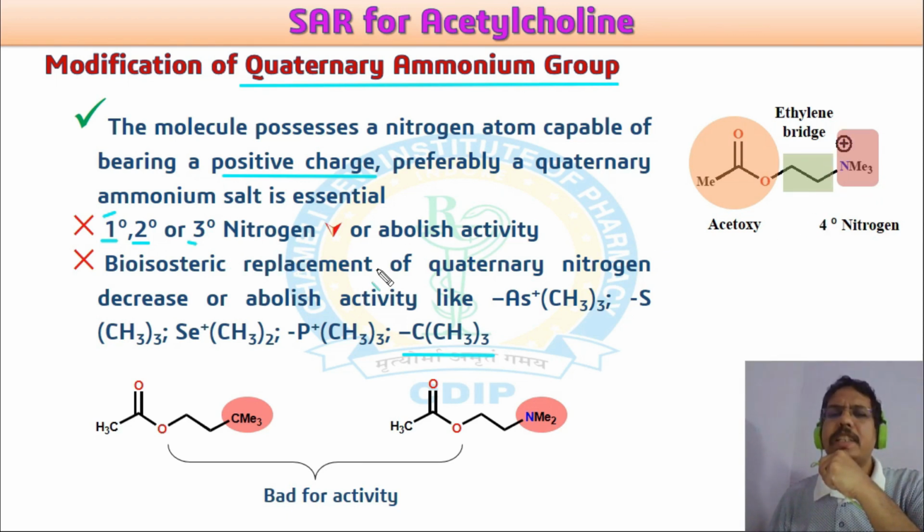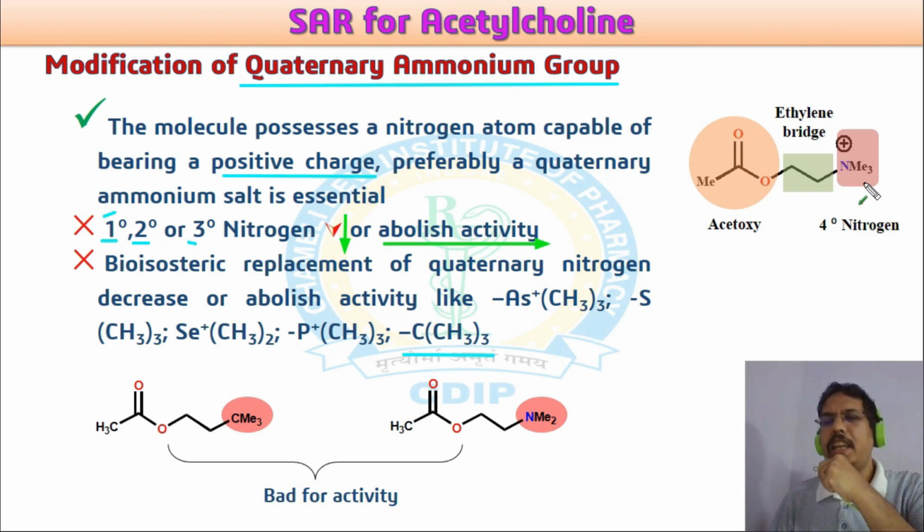And in all the cases, the activity may decrease or may be abolished completely. So the methyl is somehow important for the activity, but there is a possibility we can shift it towards bulkier substitutions.